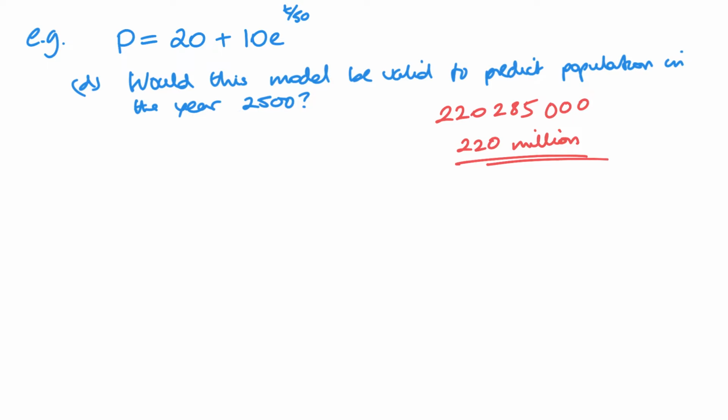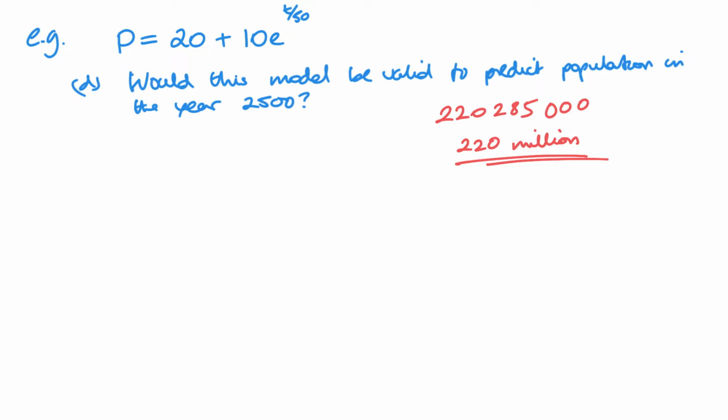Now, is this a valid figure? Well, 500 years is a long time to predict in the future. There are many things that could change that can affect this population growth. Anything from types of food, new technologies. There could be wars, there could be famines, there could be anything.